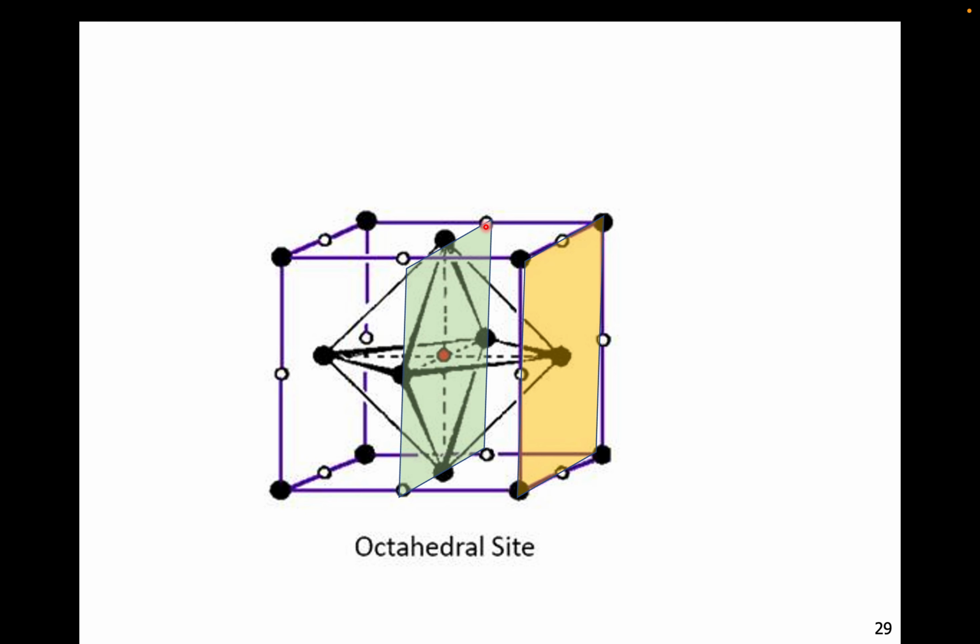So let's check, if the solute atom is at this octahedral interstitial site, how many possible jumping directions it can make, okay? So it turns out jump to beta, right? So it turns out half plus half, this one. Half plus half here.